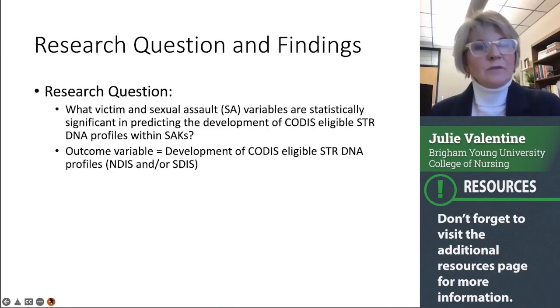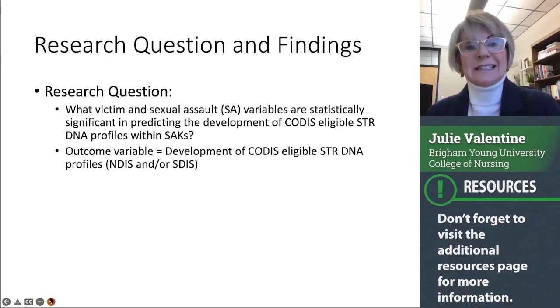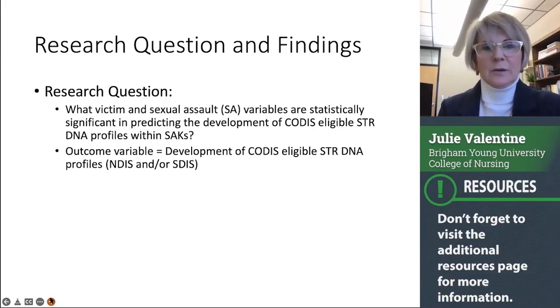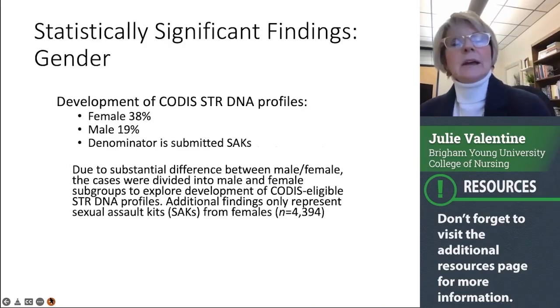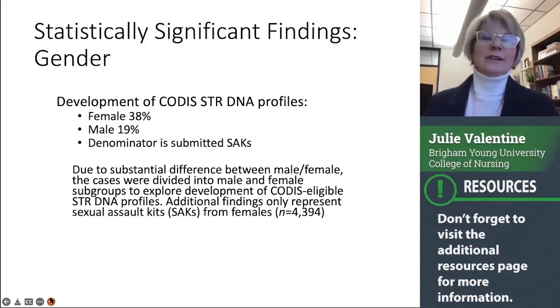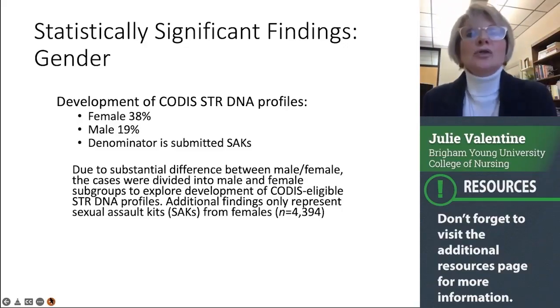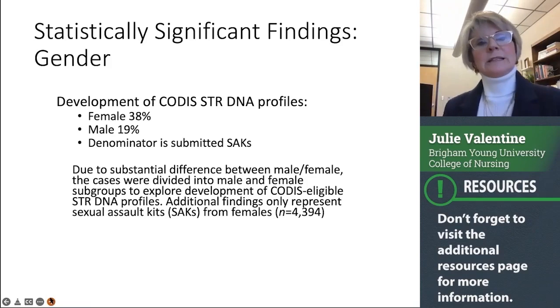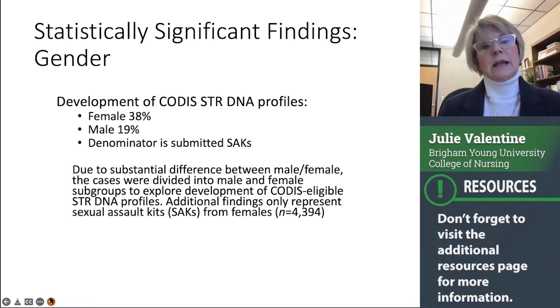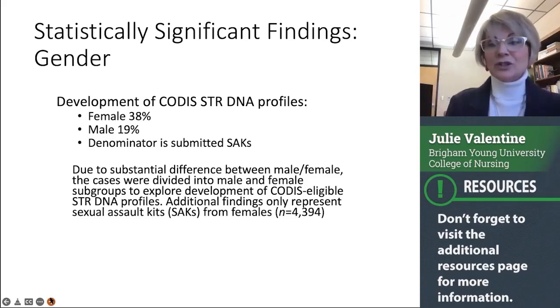So our next question is, what victim and sexual assault variables are statistically significant in predicting the development of a CODIS-eligible profile? So that's our outcome variable. And we found, first off, that gender is hugely significant. You can see females 38% and males 19%. And due to this substantial difference between male and female, we have divided our research now into male cases and female cases.